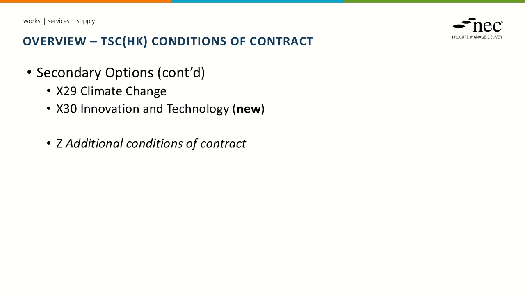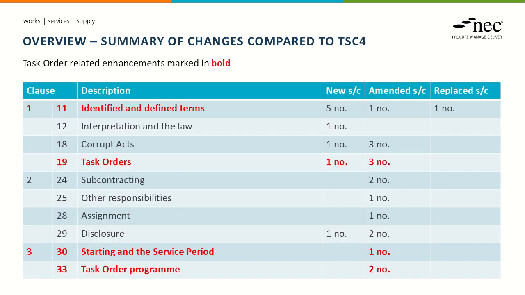Lastly, we've got a new secondary option clause, X30, Innovation and Technology. Again, a bit like W4, this is the equivalent clause that exists in the ECC Hong Kong edition.